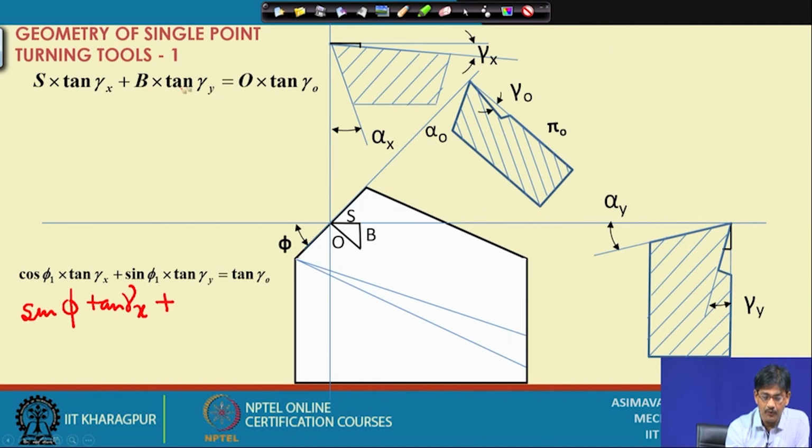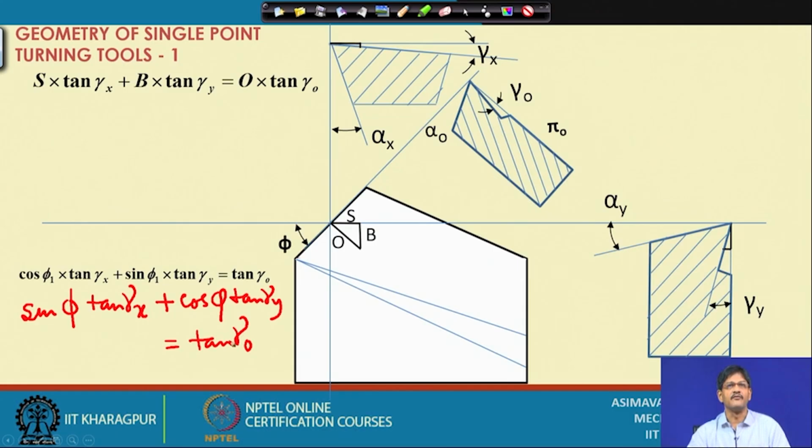This is B by O. I have divided everything by O. So, B by O is nothing but cos phi into tan gamma y. This must be equal to tan gamma O.